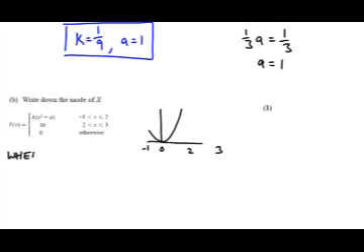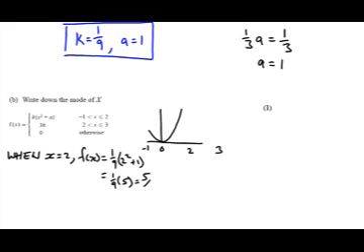So when x equals 2, the function is going to equal 1/9 times 2 squared plus 1. 1/9 times 5, otherwise known as 5/9. Okay, so the height here is 5/9.